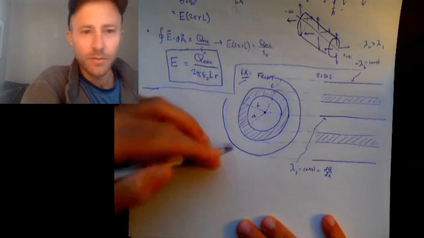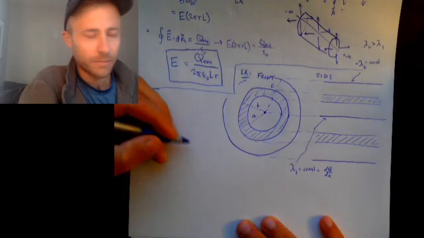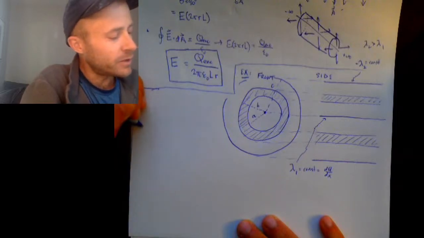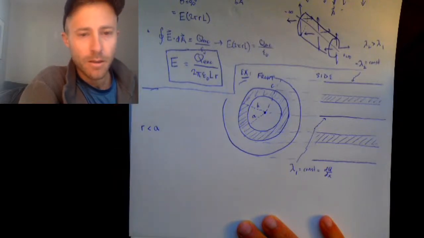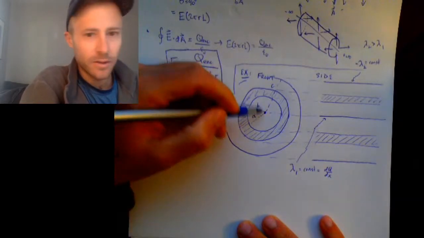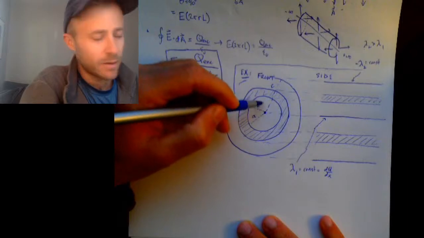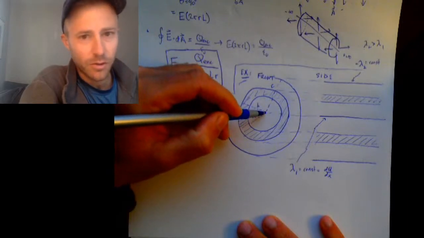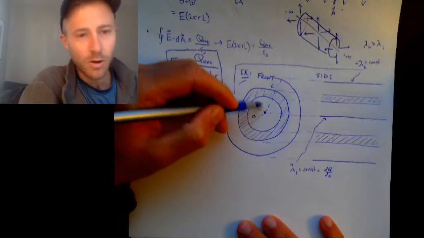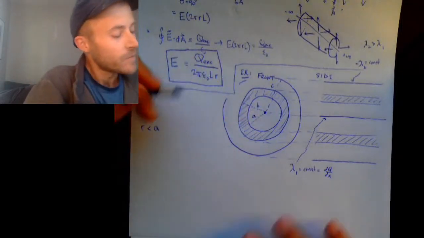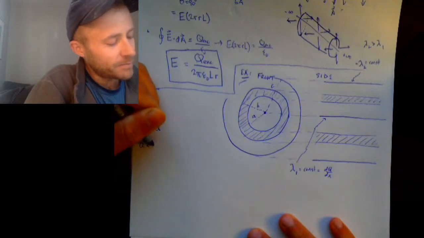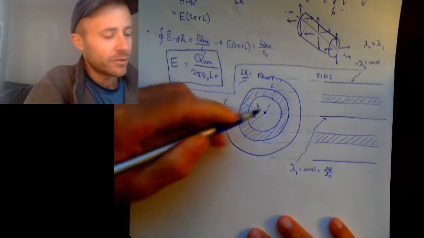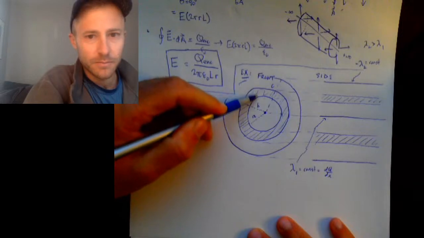So we have essentially 4 regions here. Our first region is R is less than A. That would be in this space right here, in between the central line and the inner wall of the conductor. And then we have R between A and B, which is inside the conductor.